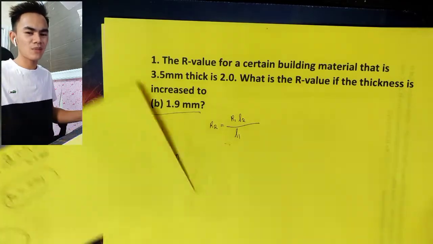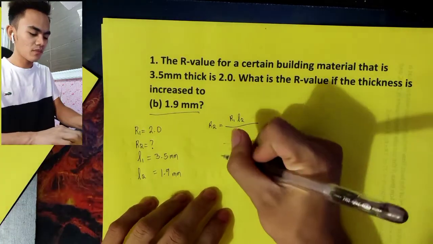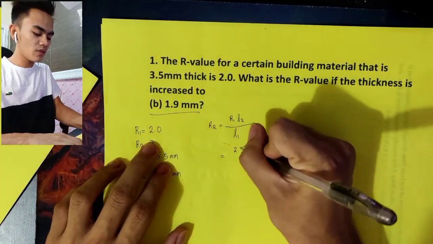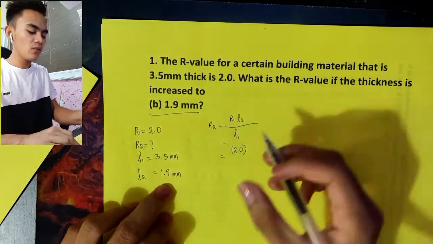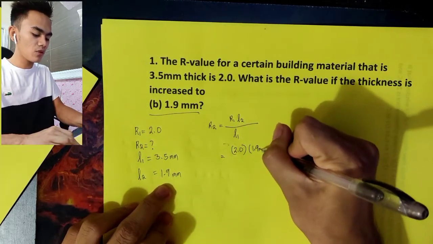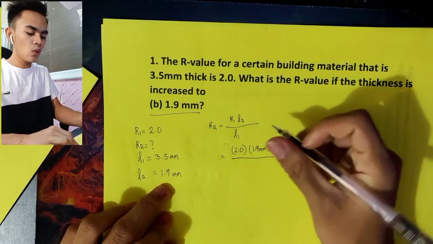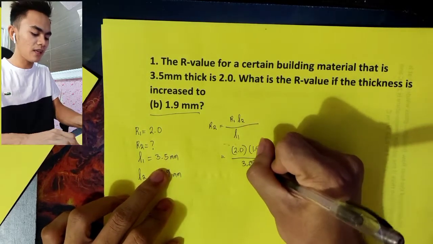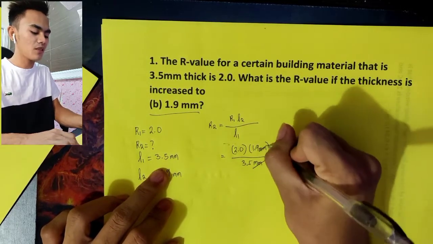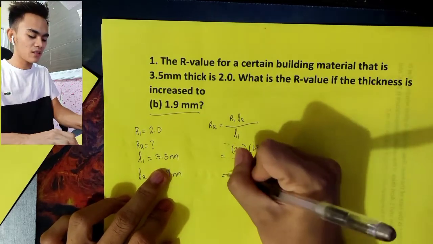Let's substitute all the given values. R1 is equal to 2.0, and L2 is now the new 1.9 mm divided by L1, that is 3.5 mm. Then cancel the same units.